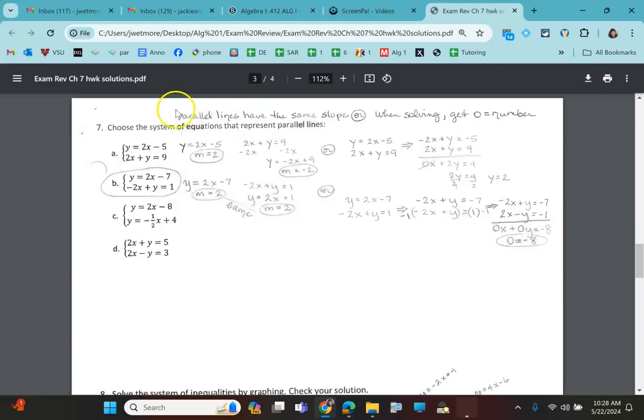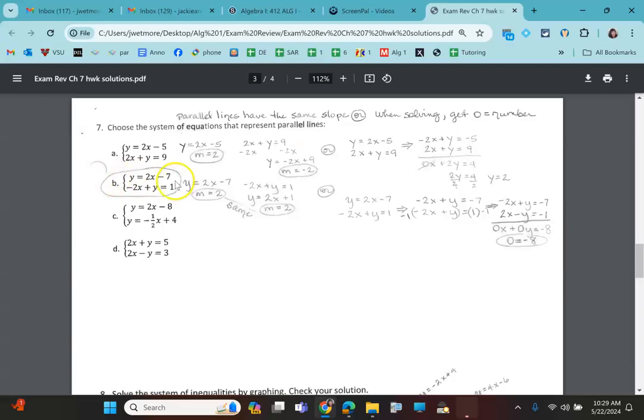So like if I took this first set of equations right here, and I subtracted this 2x over to the other side so that my x's lined up and my y's lined up and my constants lined up, you'll notice the x's eliminated, but the y's did not. Like I get y equals 2. If I plug that back in, I'm going to get an x value. I'm going to get an ordered pair. That's not parallel lines. Parallel lines don't have any solution.